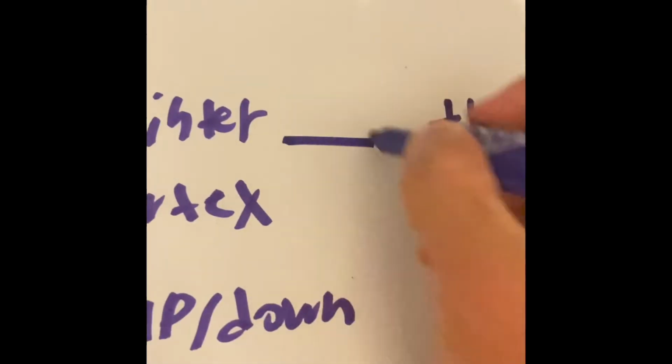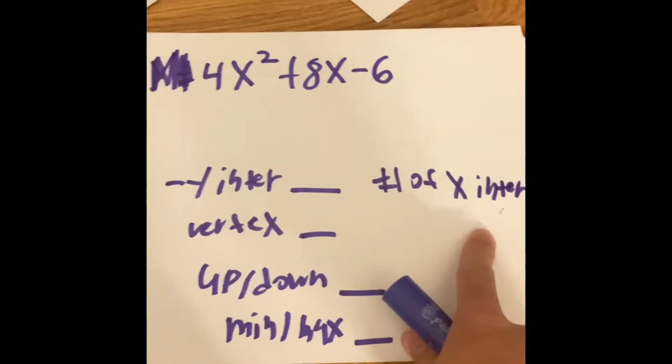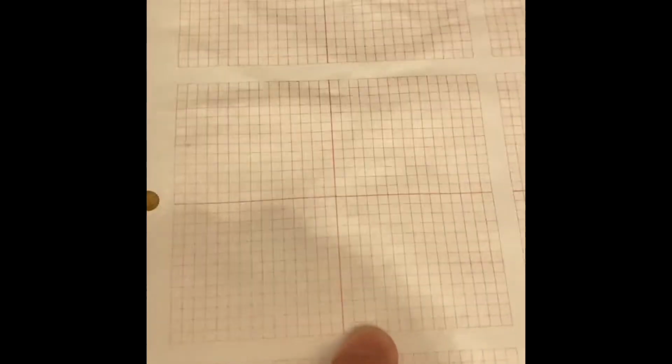We are going to find them out. Not only are we going to record these down, but it's also going to help us understand what our parabola will look like afterwards. So we're going to start solving.